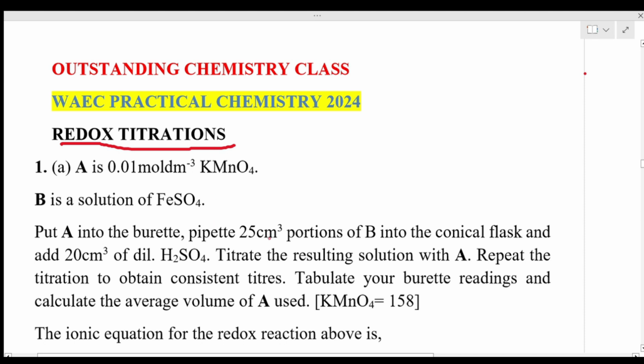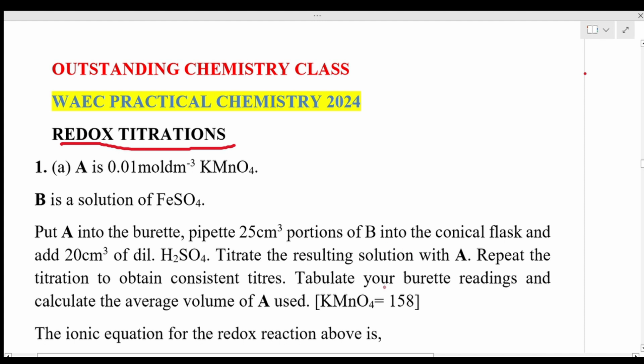Put A into the burette, prepare a 25 cm3 portion of B, which will be put into the conical flask. We are going to add 20 cm3 of dilute H2SO4 to acidify the FeSO4. Then you titrate the resulting solution with A inside your burette.